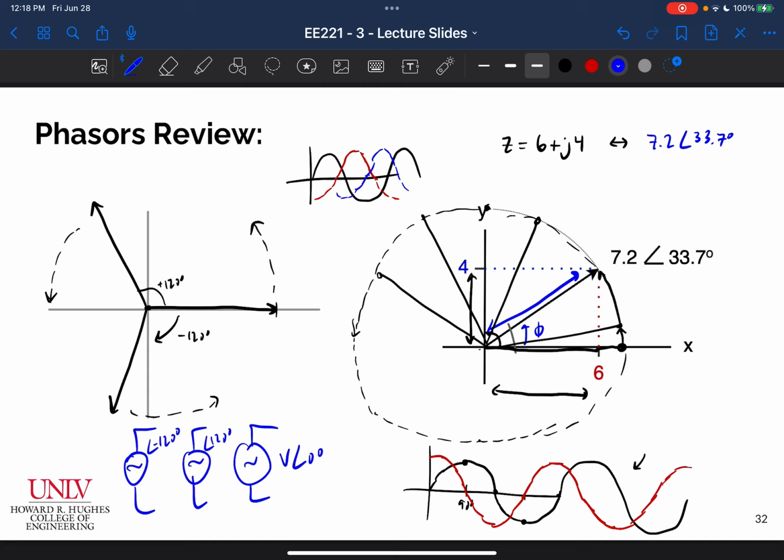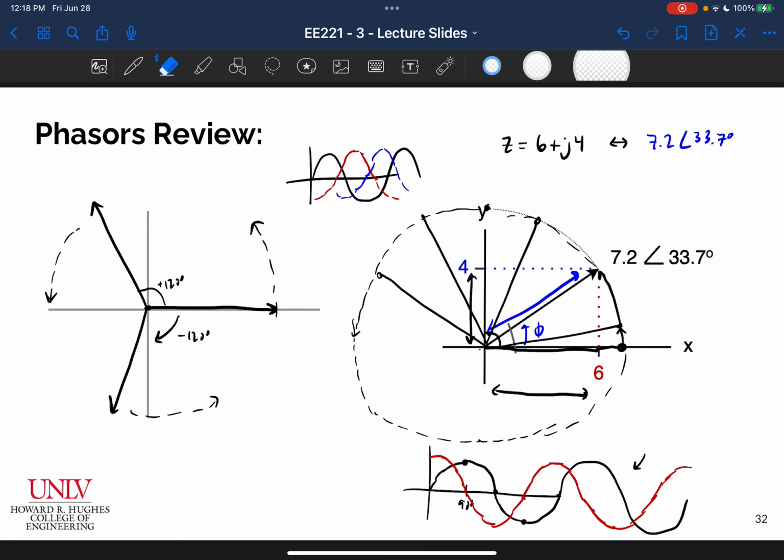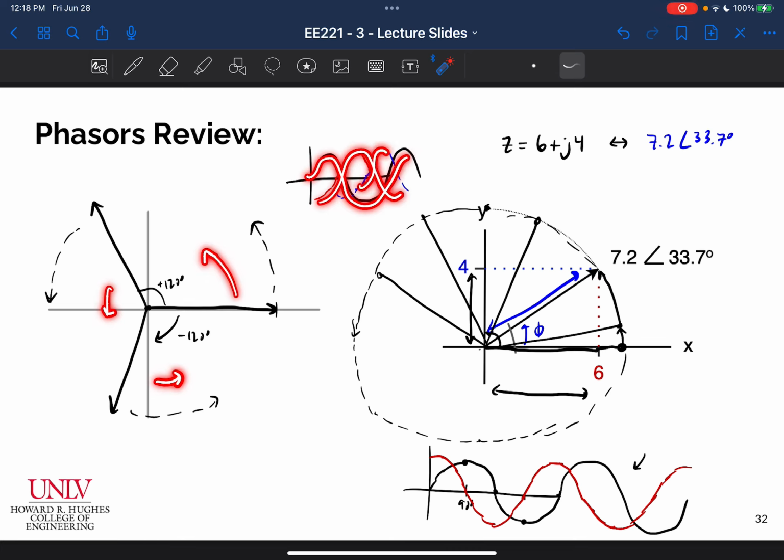I just wanted to take this time to review the phasors and kind of introduce the concepts. Don't panic if this seems like chaos, because it does get a little bit overwhelming pretty fast. But I just want to make the phasor review clear to show that if I had three phasors sweeping in a circle like this, it would just generate three different sine waves that are all 120 degrees phase shifted from one another, right?